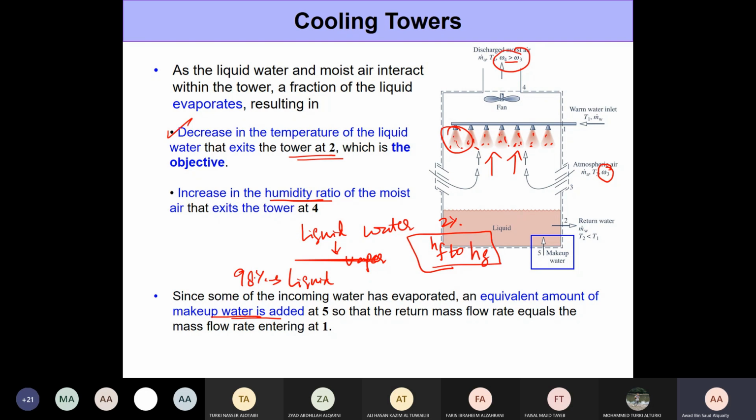The way it comes from this 98% water is that its enthalpy goes down. It's going to remain at the same pressure, but the enthalpy is not going to be equivalent to the enthalpy of saturated liquid at that pressure. It's going to go slightly down, or in other words, the temperature is also going to go down, simply because that's how it pays for the extra increase in enthalpy of the part of the water that wants to become a vapor.